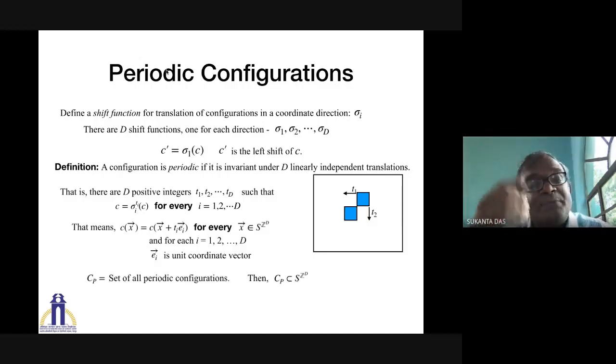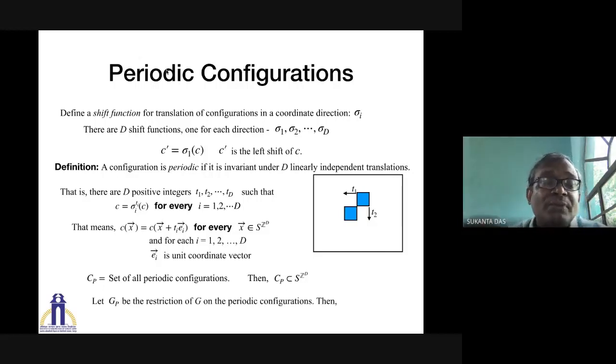Well, like before, let us consider CP to be the set of all possible periodic configurations. So obviously CP is also a proper subset of S to the power Z to the power d, like before. Now, I consider GP to be the restriction of G on periodic configurations only. The domain of G was S to the power Z to the power d.